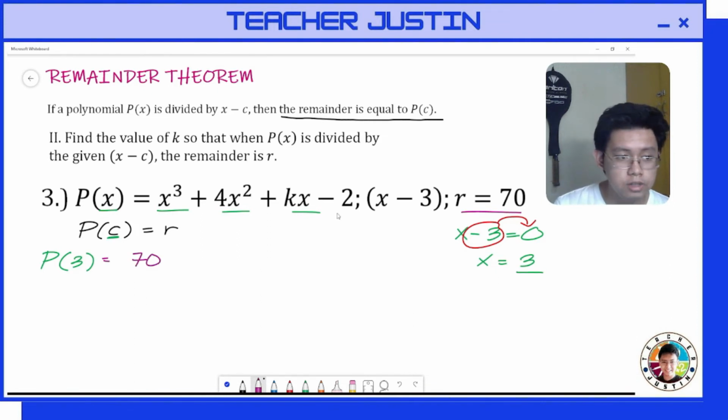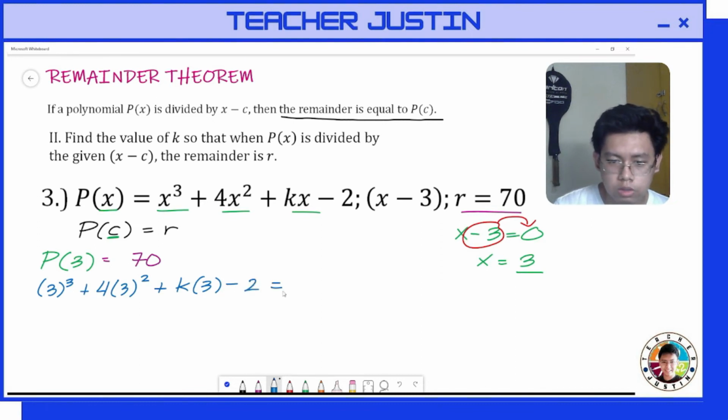Now to solve for the value of k, let's substitute all the values of x by 3, giving us the equation 3 raised to 3 plus 4 times 3 squared plus k times 3 minus 2 is equal to our remainder 70.